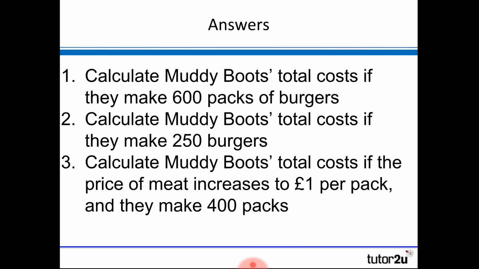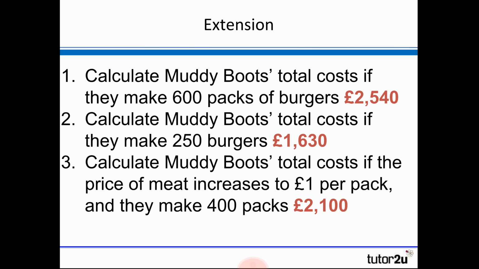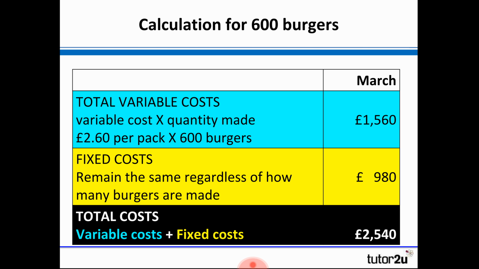Right, here we go, ready for the answers. Hopefully for number 1 you got 2,540. For number 2, 1,630. And for number 3, 2,100. If you're wondering how we calculated that, for number 1, here we are, total variable costs, still £2.60 per pack, but it's going to be 600 burgers.